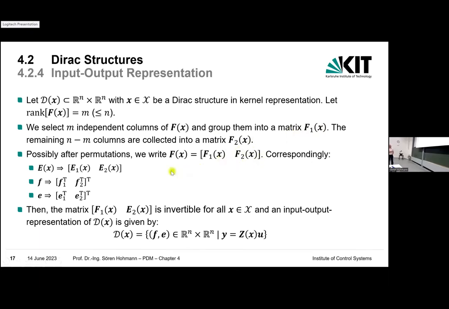At the very end, you can write down F in a similar form with F1 and F2 as matrices, where F1 contains the independent ones and F2 the dependent ones. And we do it similarly with E1 and E2.